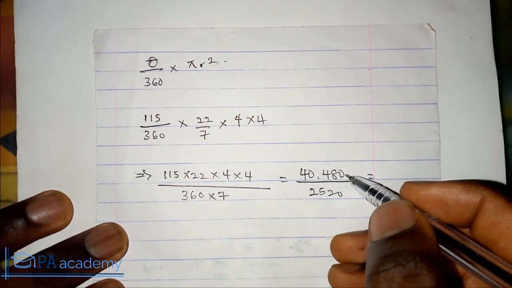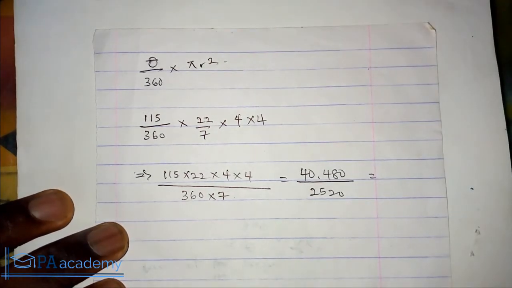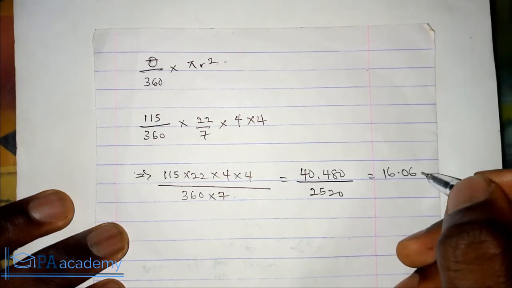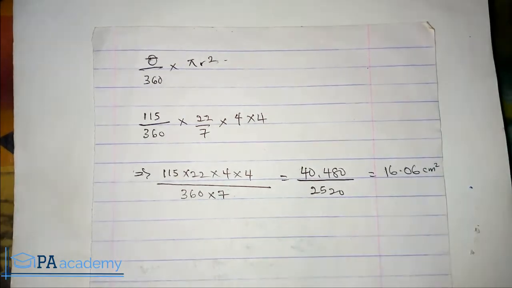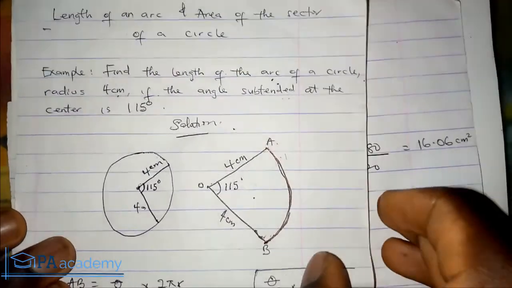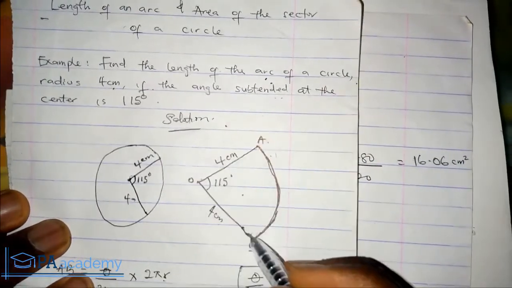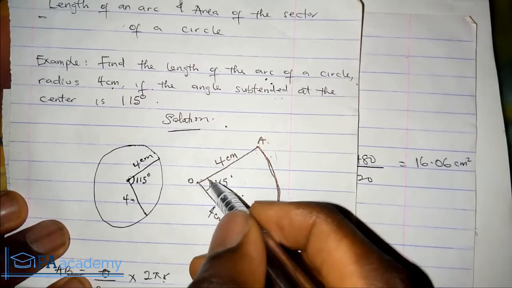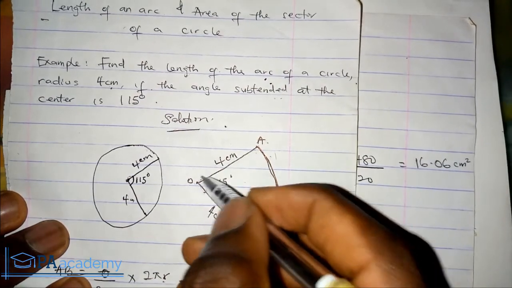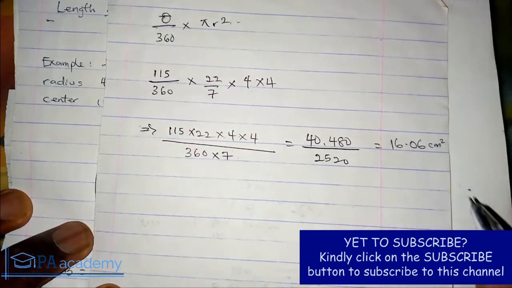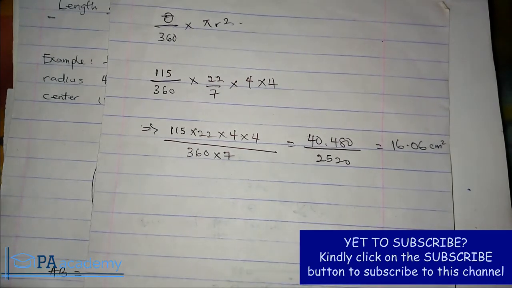So 40,480 divided by 2,520 is 16.06 centimeters squared. That means the area of this part that is cut out from the full circle, given that the angle is 115 with a radius of 4 centimeters, is 16.06 centimeters squared.